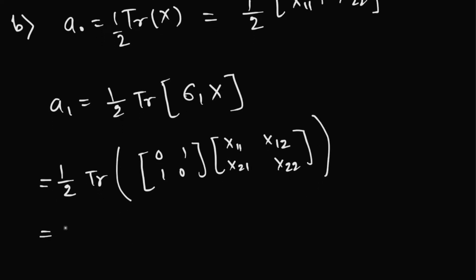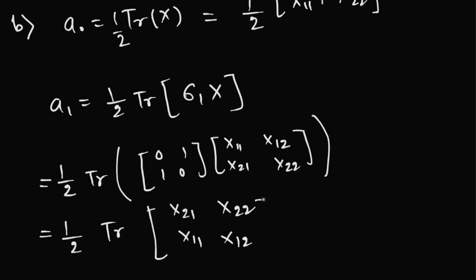That will be half trace of 0 1, x21, 0, x22, x11, x12. So it will be half of x21 plus x12.